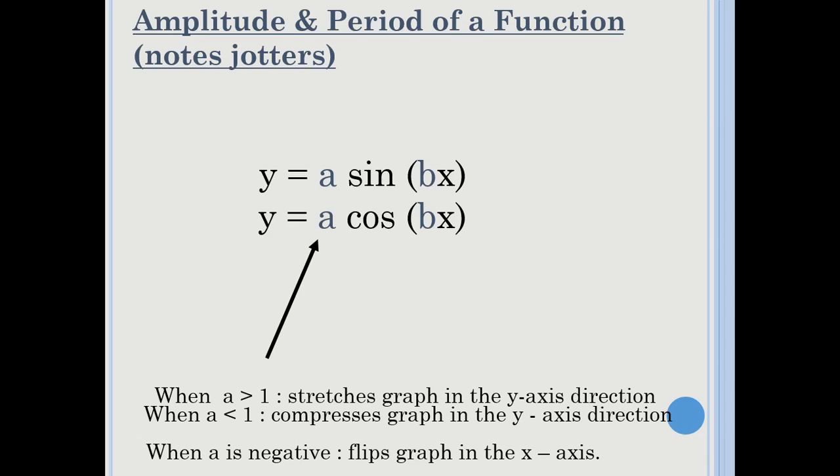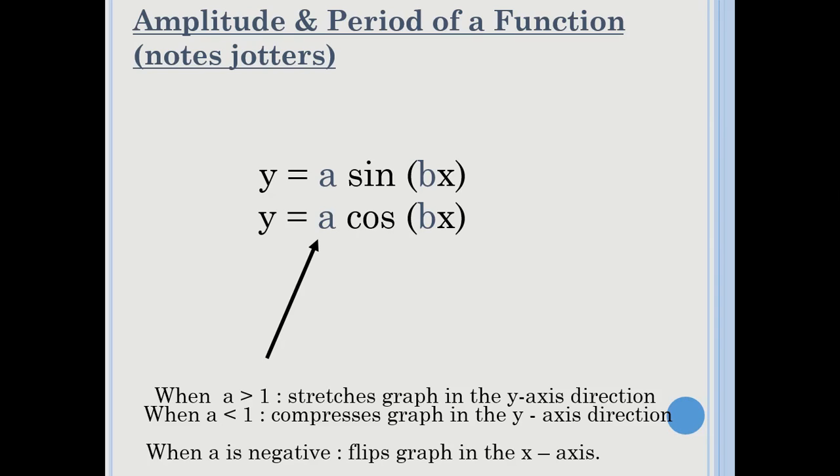So if a is greater than 1, it stretches the graph in the y direction. If a is less than 1, then it compresses the graph in the y direction. And as we saw earlier, when a is negative, it flips the graph over the x axis. So it gives us a mirror image.